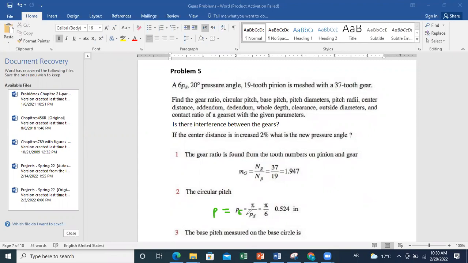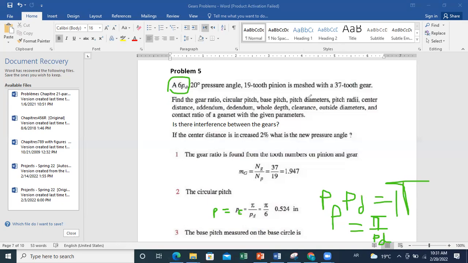Now, to calculate the circular pitch, we know that if we know the value of the diametral pitch, we can deduce P, because we have a relation that P, which is the circular pitch, times PD, which is the diametral pitch, is equal to pi. Okay, so we can simply say that the circular pitch P can be given by pi over PD.